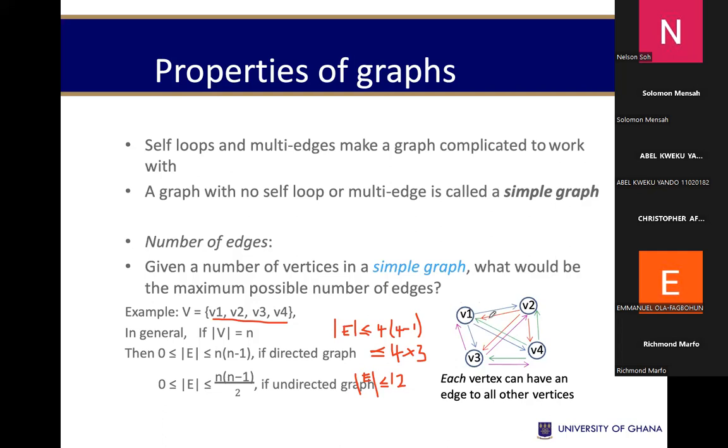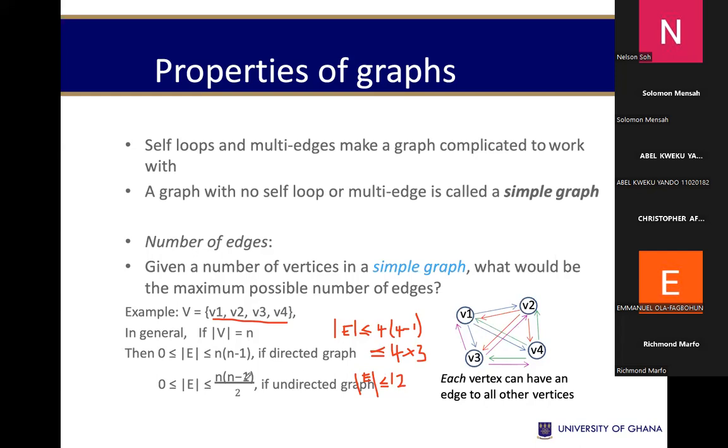Then we can repeat for the others: 7, 8, 9, 10, and then 11, 12. Can you see that? So at the end, we can have a maximum number of edges of 12 if you are dealing with a directed graph. Why? Because one side here is V1 to V2, and the same thing again, you can have V2 to V1.